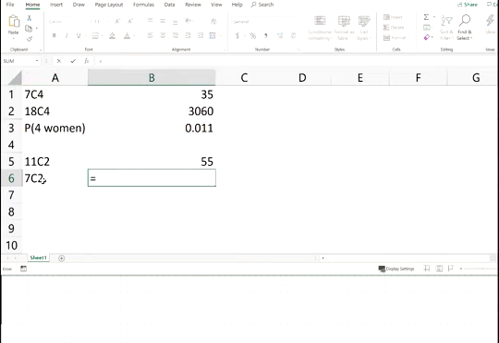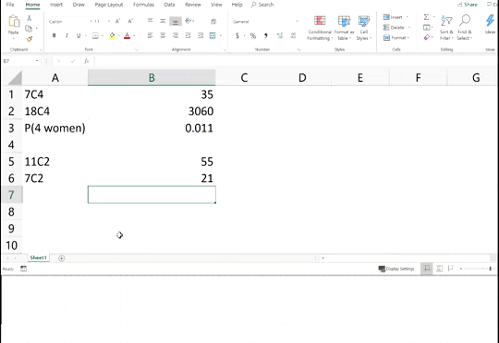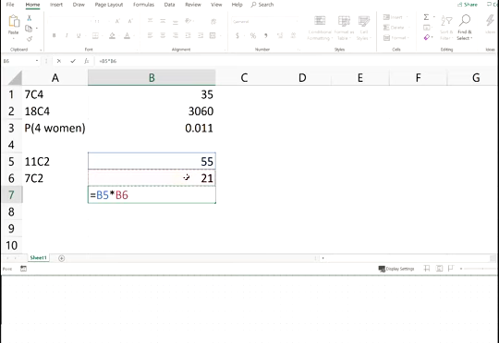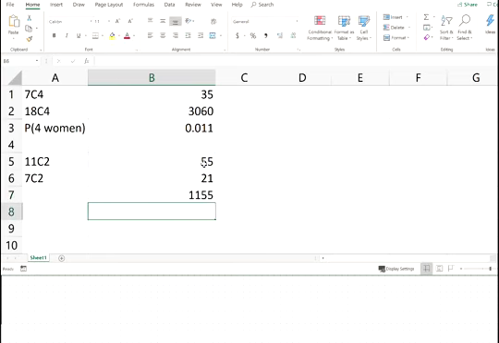So that's equal, COMBIN, 7 combination 2. All right, so 55 times 21. And if we multiply these 2 together, the 55 times the 21, 1,155.